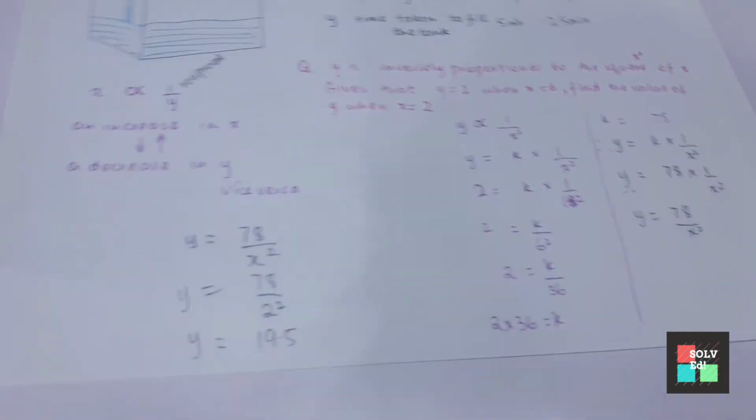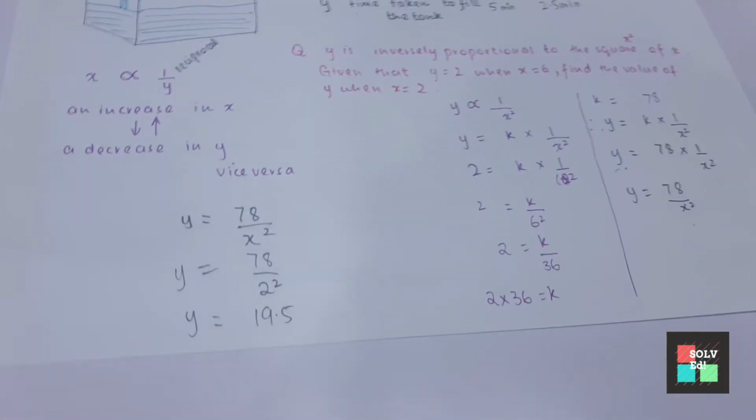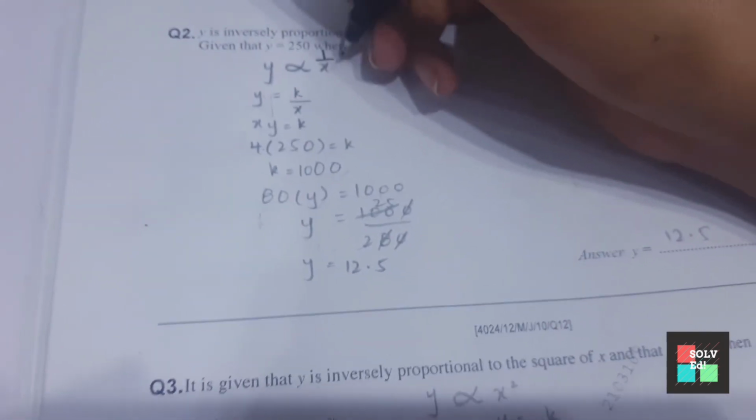Now let's do some practice questions from the past papers. So in this question that I've already solved, y is inversely proportional to x. Given that y equals 250 when x equals 4, find y when x equals 80. I have derived that y is directly proportional to the reciprocal of x.